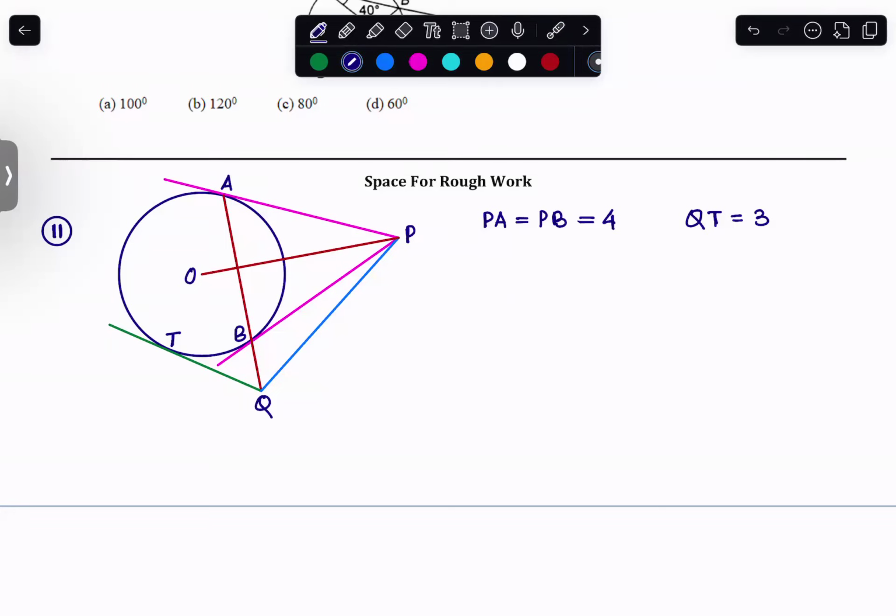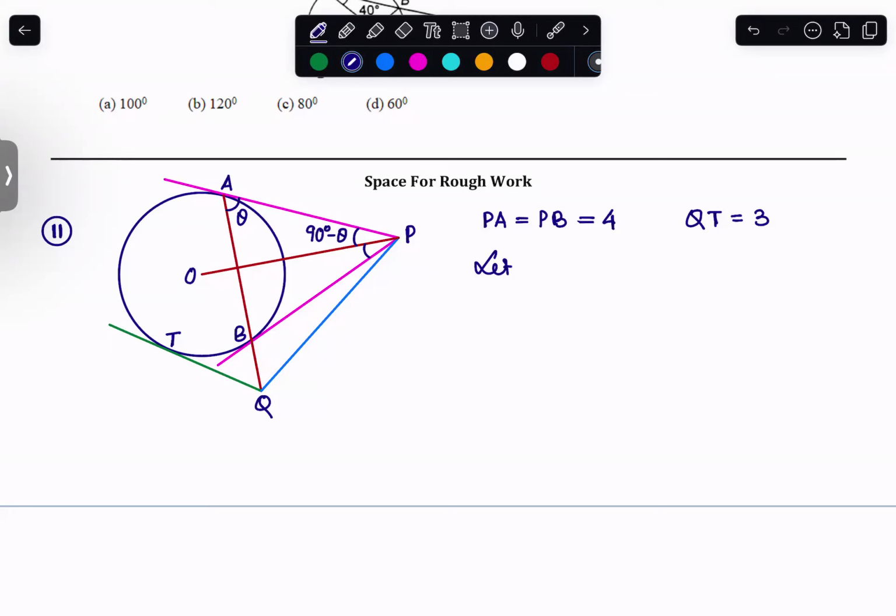Very good. So if we mark this angle as theta, then this angle has to be 90 degree minus theta. The other portion is also going to be same. That is also 90 degree minus theta. Right? So the total angle APB is 180 degree minus 2 theta.